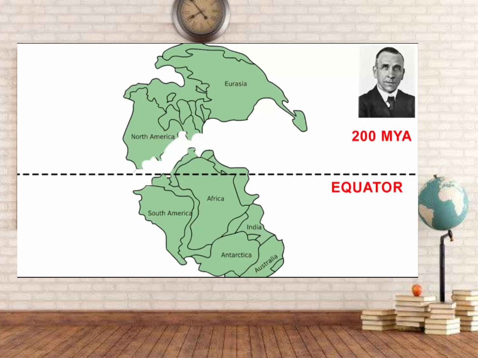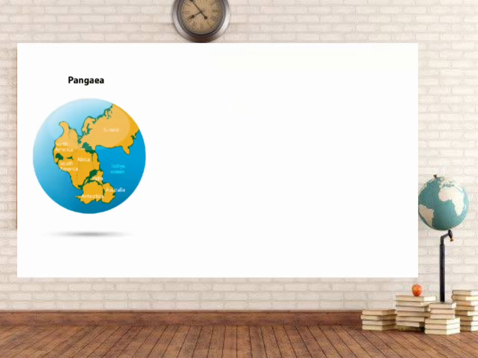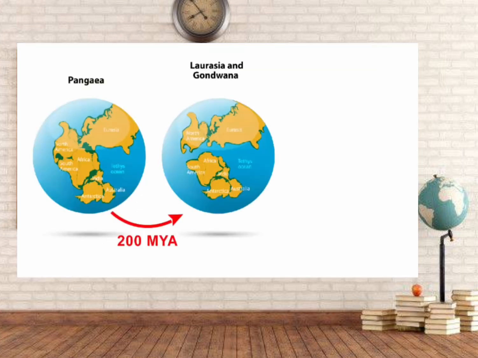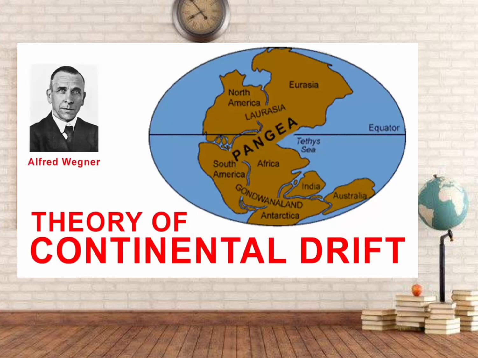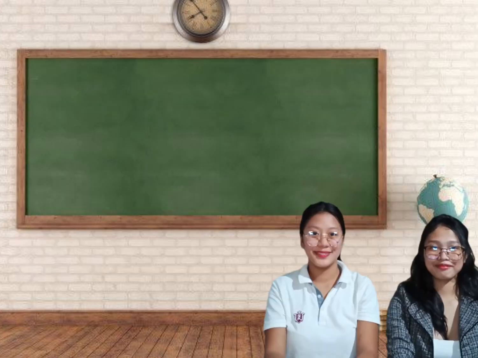Pangaea first broke into two large continental masses, named Laurasia and Gondwanaland. These two continental masses formed the northern and southern components, as one was in the north and the other in the south. After that, Laurasia and Gondwanaland continued to break into various smaller continents that we see today. So this was Alfred Wegener's theory on continental drift.